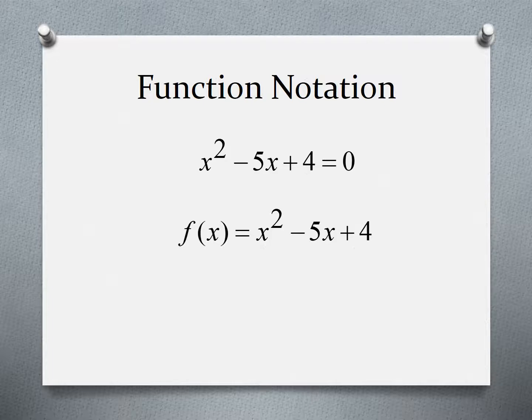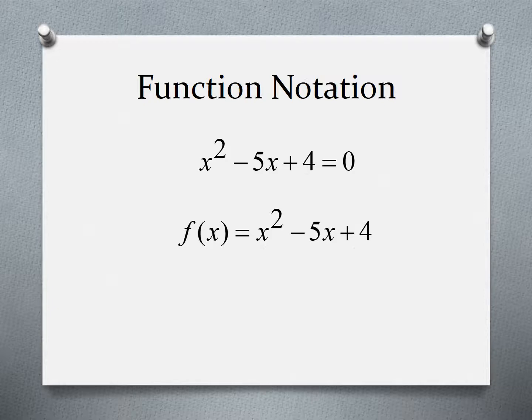I'm going to use that piece as the main part, and I'm going to set this equal to f of x, because that's going to help me when I am using graphing to solve this equation. It'll give me something to substitute in place of my variable x.